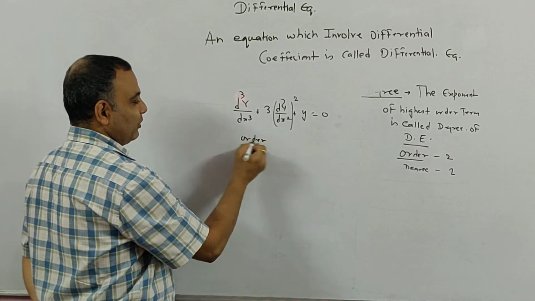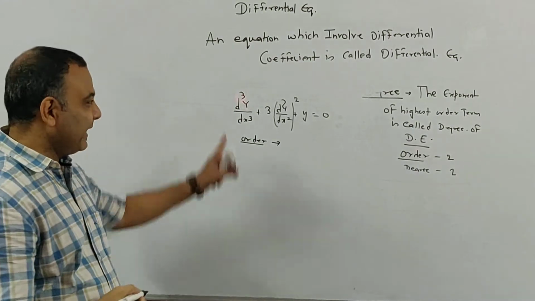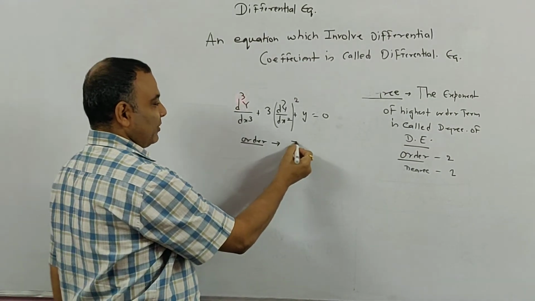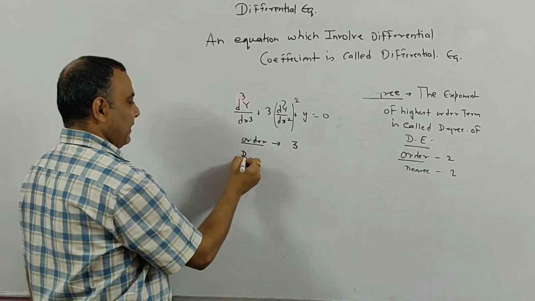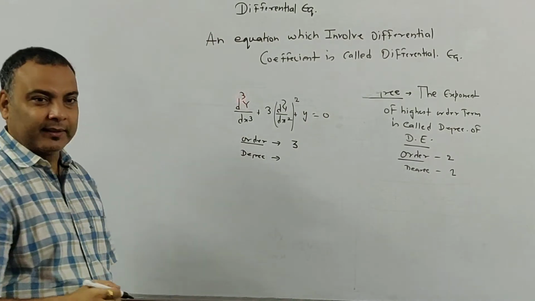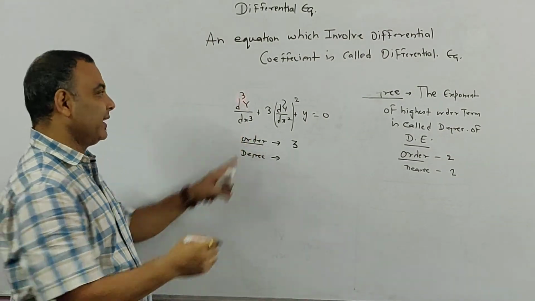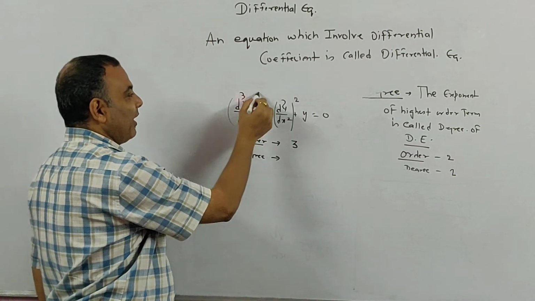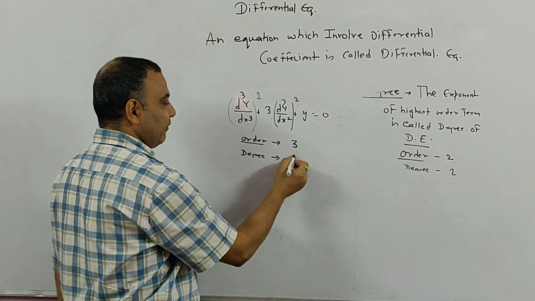So as I told you, the order is the highest order derivative present in this equation. The highest order derivative is 3, so the order is 3. Now the degree. I told you it is the exponent of the highest order term, and the exponent of this term is 1. So the degree of this equation is 1.